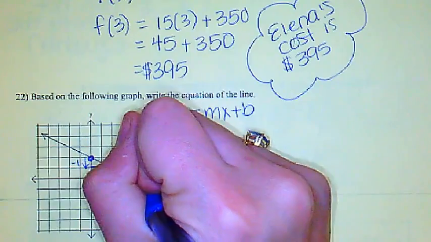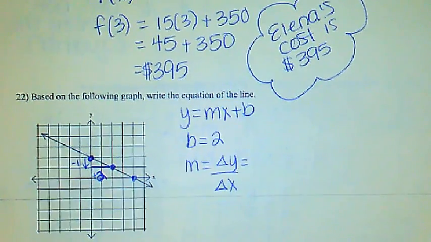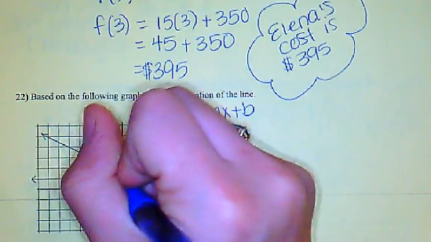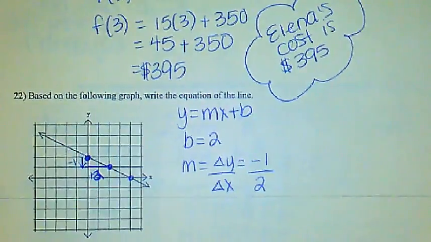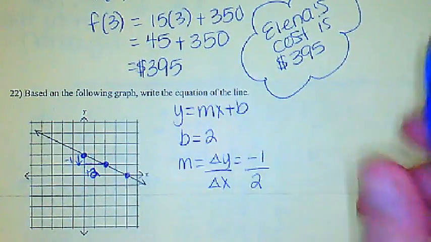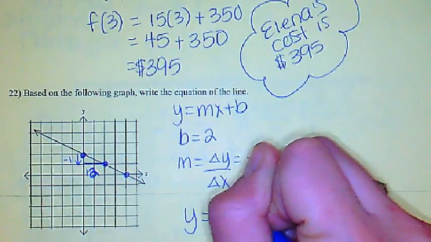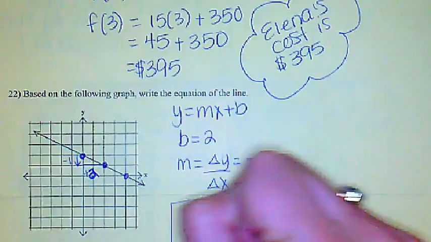If you look at the next one, I'm also going down 1 and over 2 more as well. So I get negative 1 over 2, that would be my slope. Lastly, you would just substitute into the general equation, and you would get negative 1/2 x plus 2. That would be your equation.